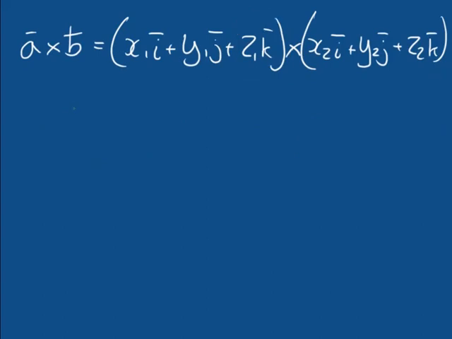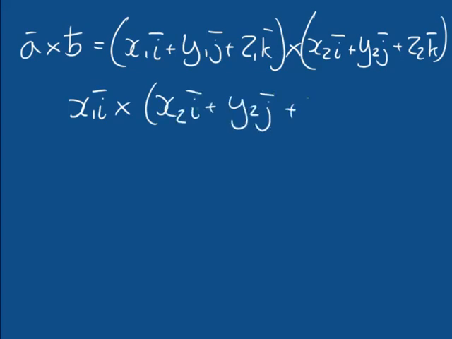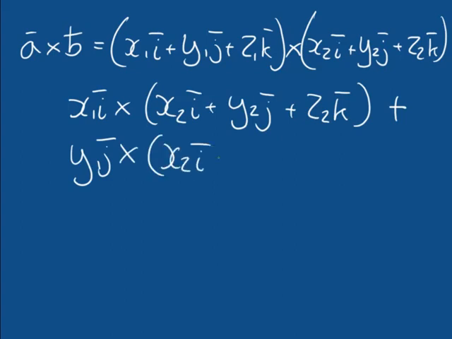So we're going to get x1i crossed with x2i plus y2j plus z2k. Then we're going to add to that y1j crossed with x2i plus y2j plus z2k.